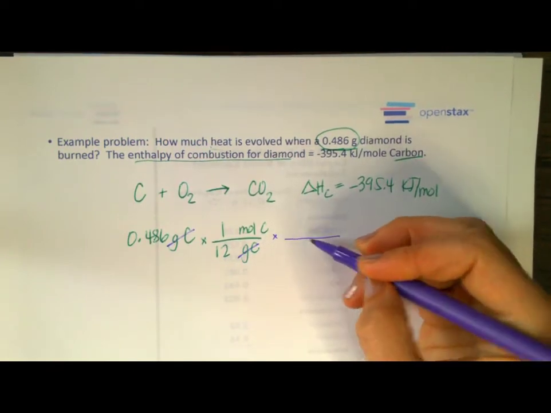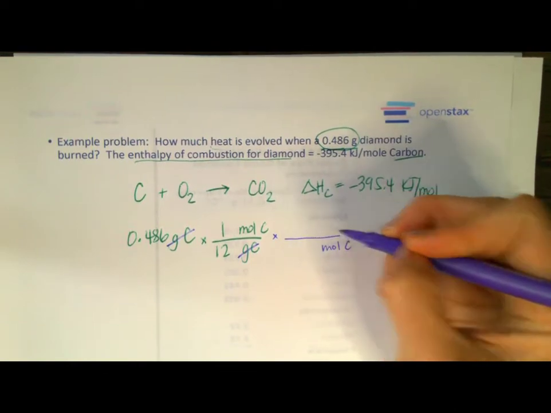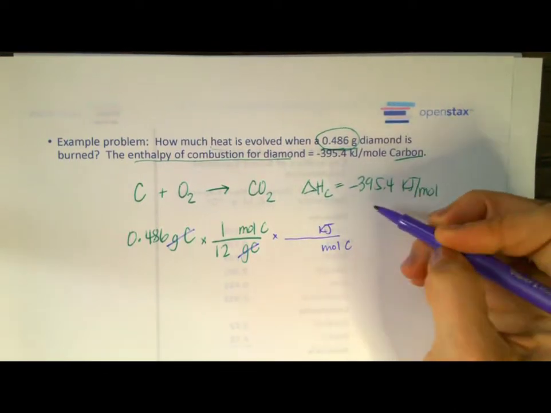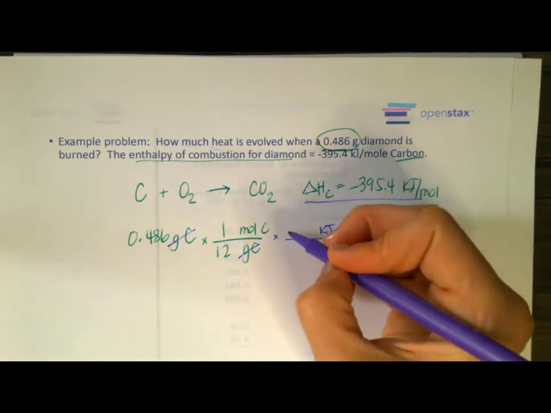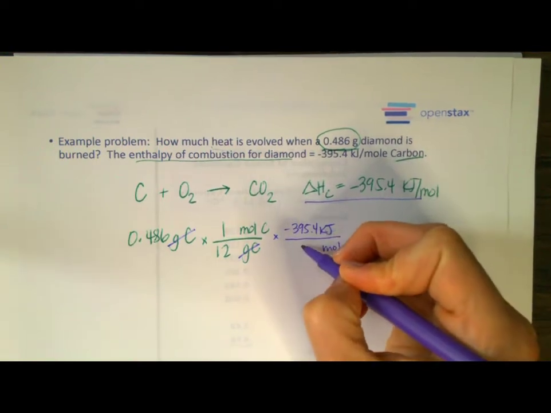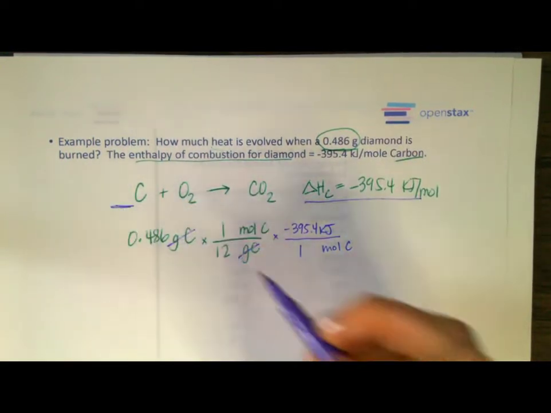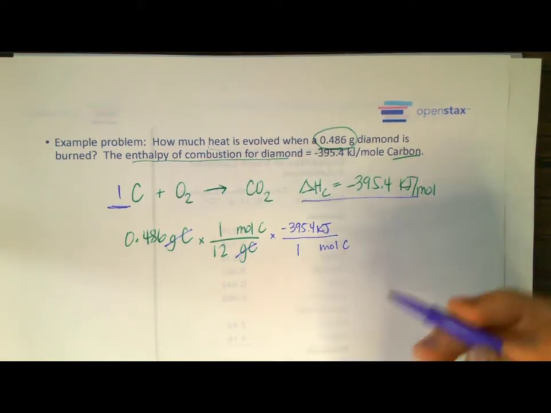Then I can go from moles of carbon to kilojoules by using my enthalpy of combustion. So I know that it's negative 395.4 kilojoules for every 1 mole of carbon. Again, I know that 1 mole of carbon is because of that balanced equation.